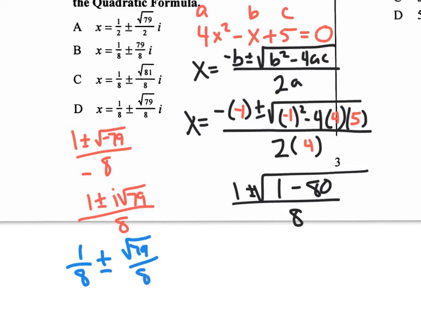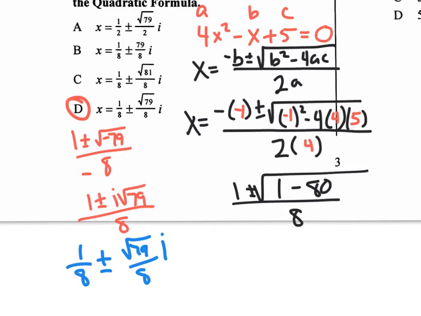And the i that was in the front, we're going to put it in the back. So it could be in the form of a complex number, which has a real part and then an imaginary part. And as you can see, option D is the correct answer on this one. Why is option D the correct answer? Because you can't break down the square root of 79, so we just leave it like that.